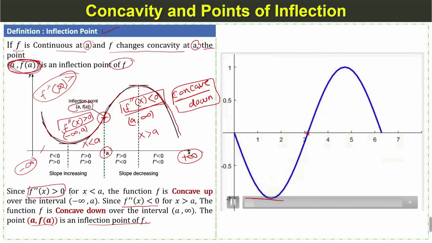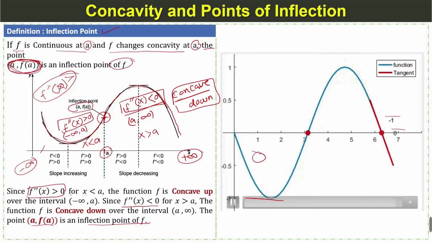Here we can see the second derivative of the function is positive in this interval, from here to here. This means the function is concave up. And from here we can see the second derivative of the function is negative. This means the function is concave down.